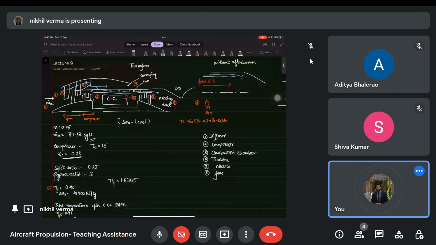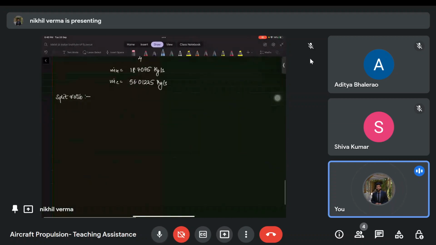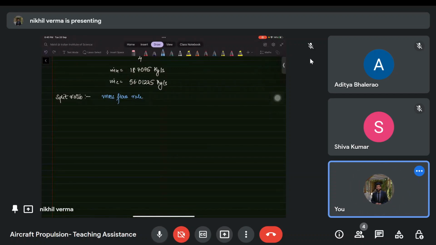So if I write this, this is the mass flow rate inside the cooling duct by the mass flow rate in the bypass duct.